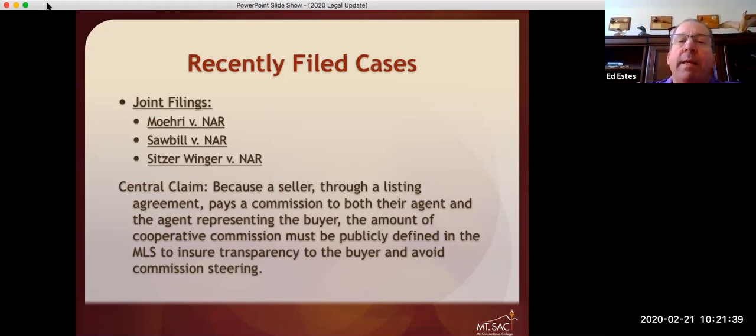So hypothetically, if there's a 3% commission being offered to the broker who is representing the buyer, this particular company might rebate 2% back to the buyer, keeping 1% to themselves, or maybe rebate 1% and keep 2%. We don't know where this is going, but it could have a significant impact on how real estate is marketed as we know it today. Emily, let's go on to the next slide.